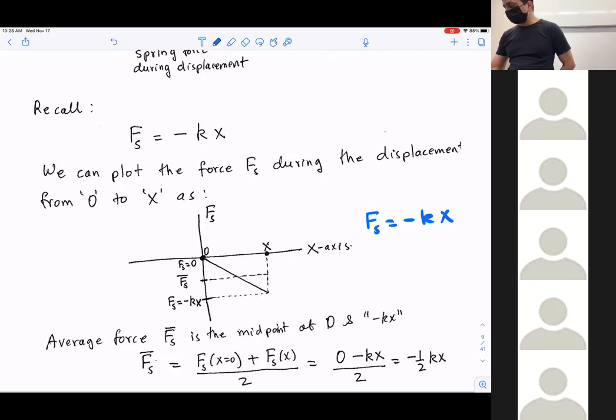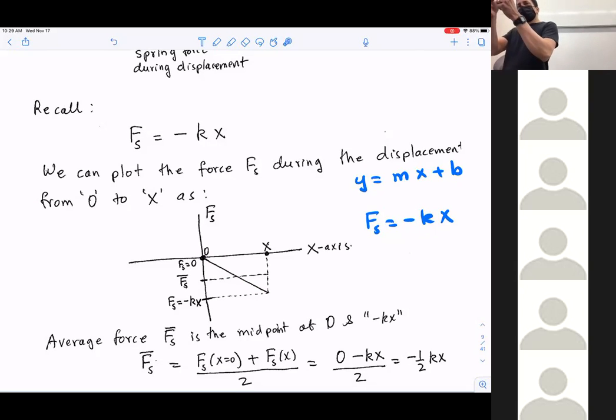Remember the equation of a straight line, y equals mx plus b. B is the intercept. Here the intercept is 0, so that's where you're starting here. M is the slope. So here the slope is minus the spring constant, so it's a negative slope. And then it's just a straight line. So if I were to plot it, the spring force would look something like this, as a function of x. Any questions on that?